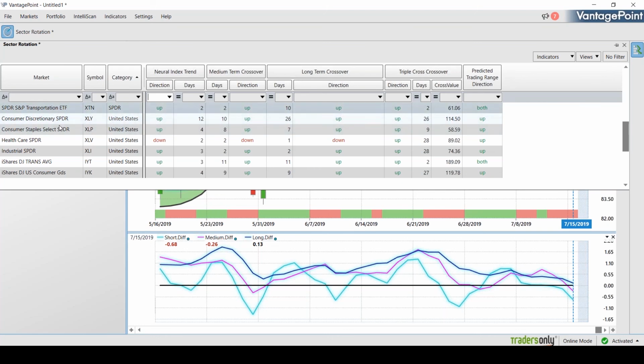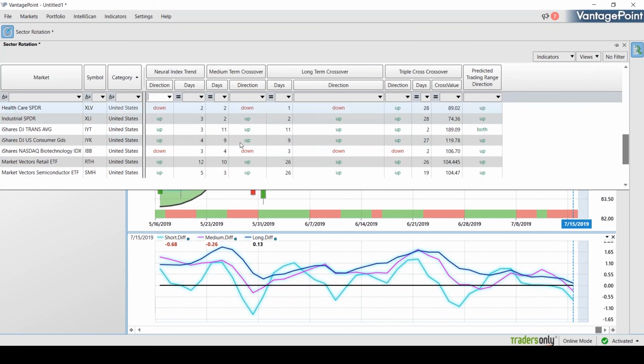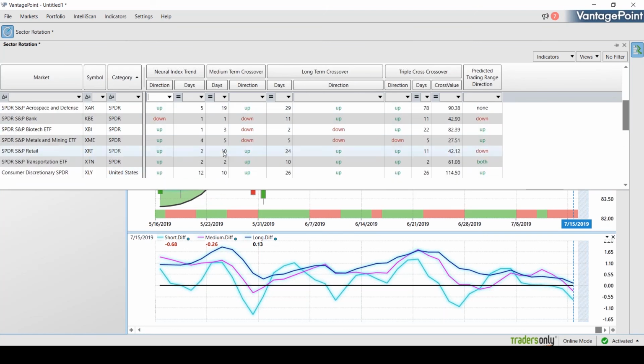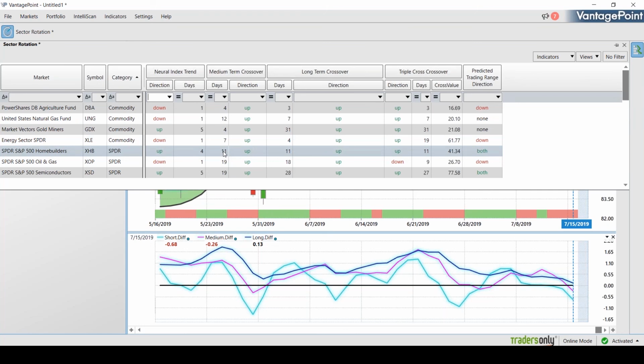Look at the consumer spiders, these ETFs, all pointed up. That's telling you there's a lot of money in the consumer sectors right now. And they've been moving for quite some time. And so very clearly, you'll notice that as you scan through this, but you can customize it however you want. But with this type of scan here, this allows you to be proactive, but also concise. So this is going to allow you to put your money where the momentum is heading.